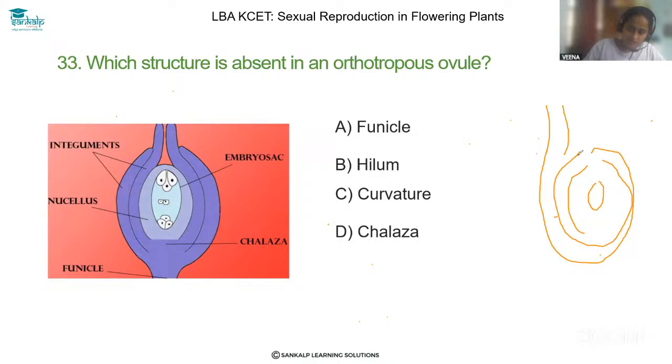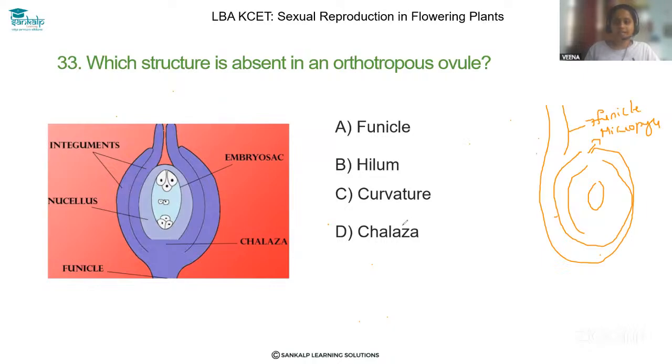So here it is the micropyle, and this one is the funicle, right? In the anatropous ovule, the funicle lies adjacent to the micropyle. But in case of the orthotropous ovule, the funicle is here, the chalaza is here and the micropyle is here.